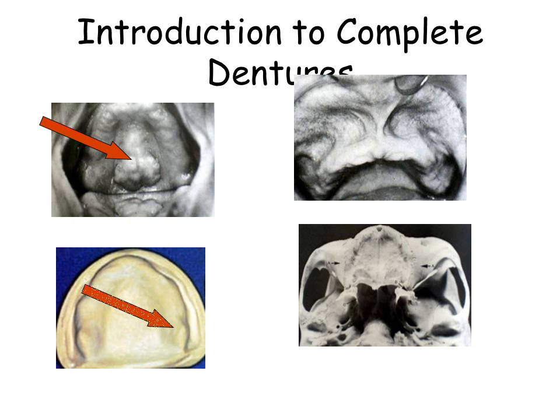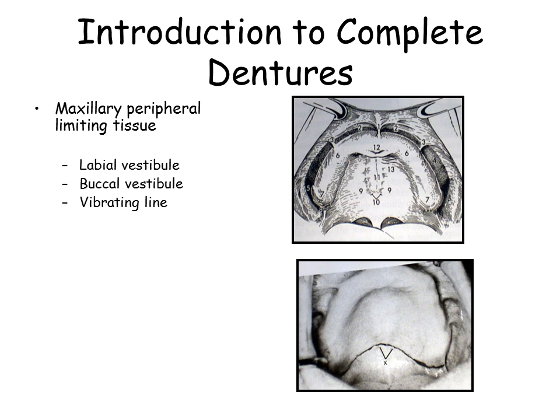Some variables include the palatal torus, the maxillary tuberosity, the location of the incisive foramen and papilla, and the presence of sharp, spiny processes. The labial vestibule, the buccal vestibule, and the vibrating line comprise the limiting peripheral structures of the maxillary denture.